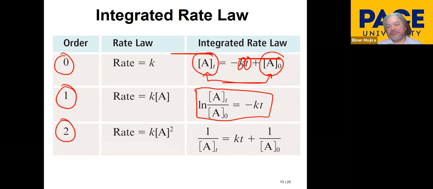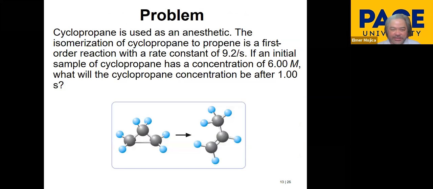For instance, you're given an initial concentration, and the rate constant. So what will be the time that it takes for this reaction to reach this concentration? Now, to help you understand this, let's solve problems on this.